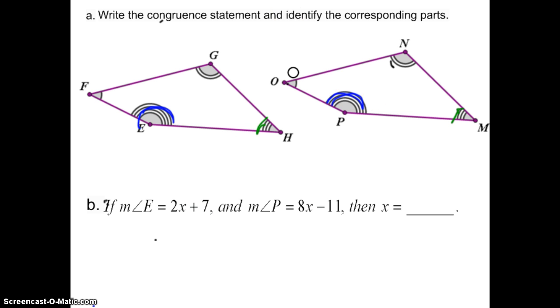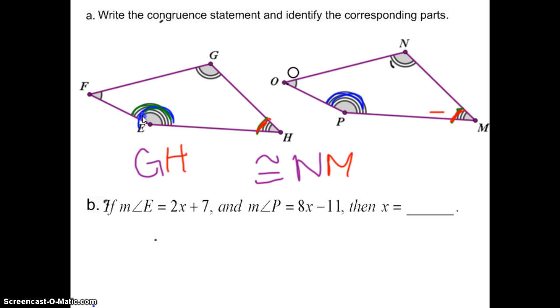You could have also done it another way. You could have started with G first. G has two arcs, so when I write this congruent statement, I have to start with the other one that has two arcs. These angles are congruent, so you have to match up your congruent vertices. Then I could say H. H is congruent to M, so M would be my next letter.